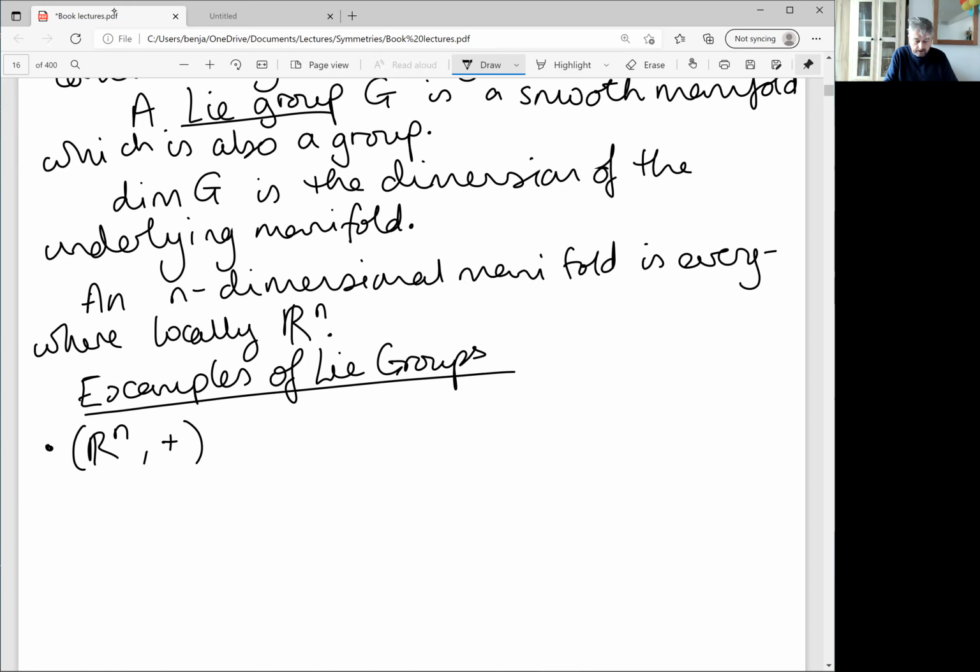So here, if we have some vectors and we add them together, we get another, so if these are n-dimensional vectors, we add them together, we get another n-dimensional vector, which is a smooth function of x and x prime.